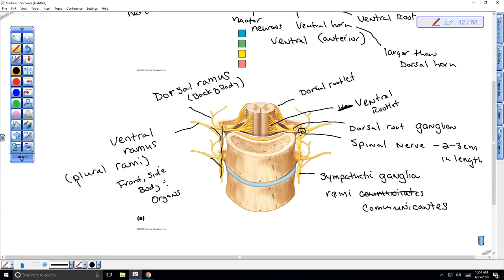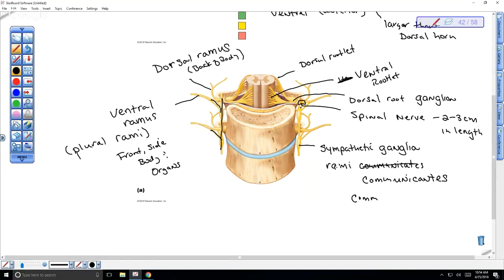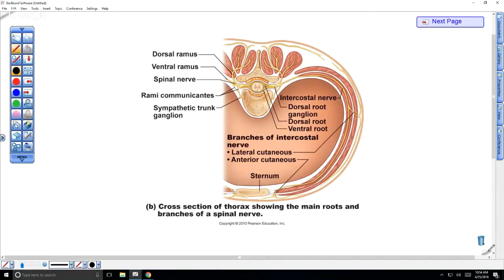And so these communicate with viscera. Viscera means organs.